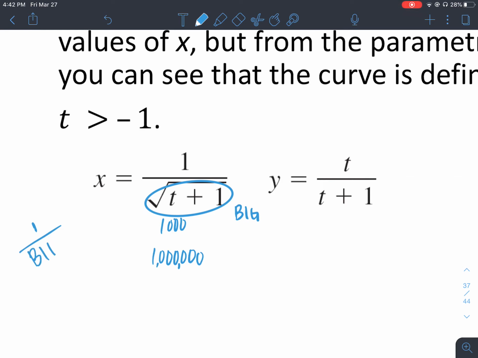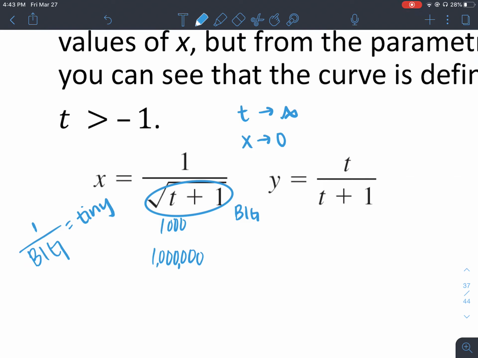So then I have 1 over a really big number. Think about 1 divided by the biggest number you can possibly think of. That's going to give you an absolutely tiny number back, which means as t goes to infinity, my x value is going to get closer and closer to 0.